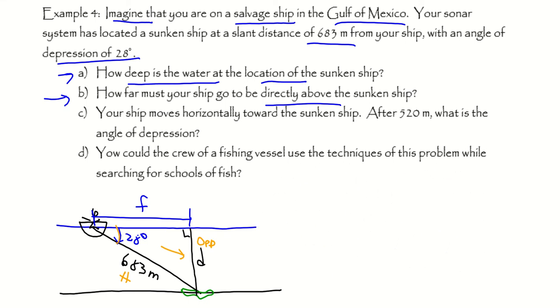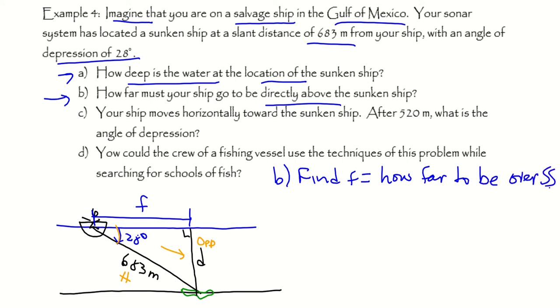Yours, of course, is on your paper. And for B, we want to find F, which is how far we must go to be over that sunken ship.